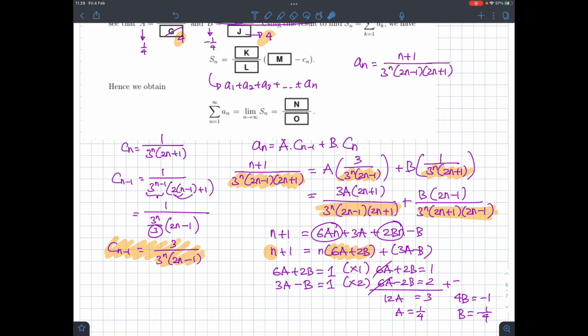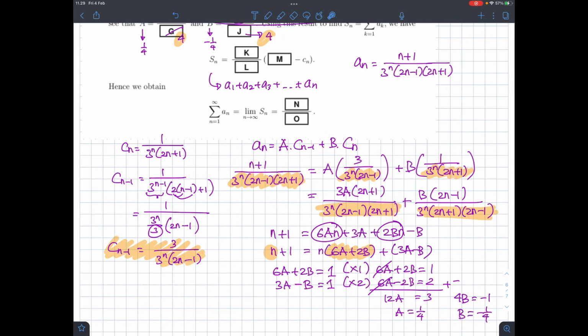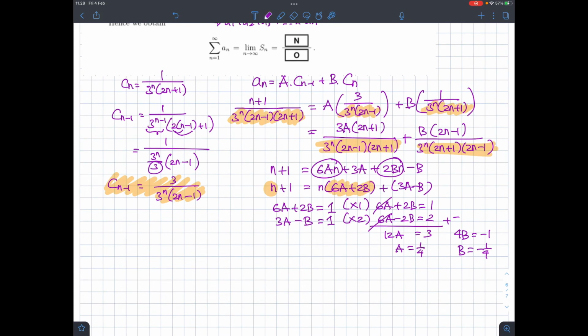Okay, after we got the value of a and b, we substitute into this equation. So we will have a_n equals 1/4 c_(n minus 1) plus b, which is minus 1/4 c_n, yeah.